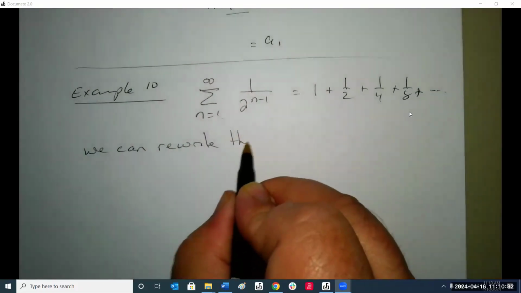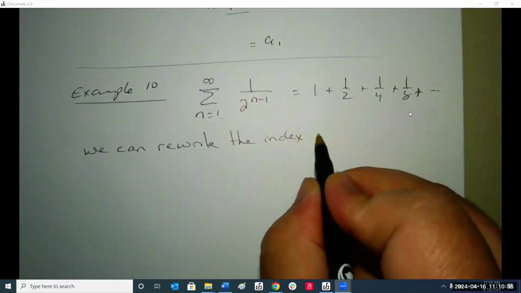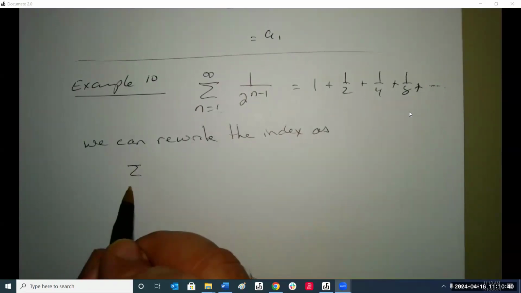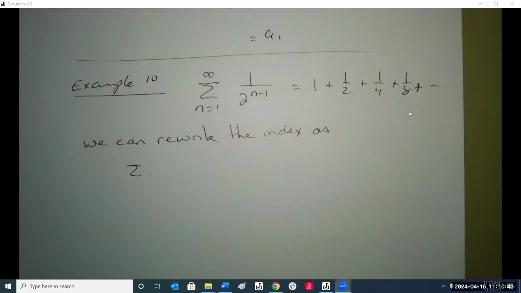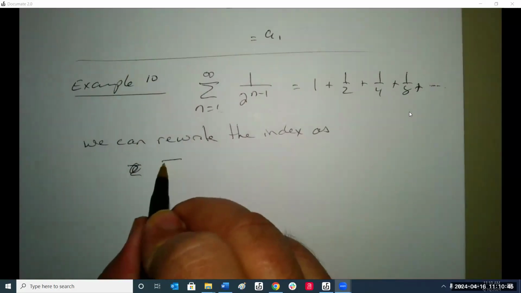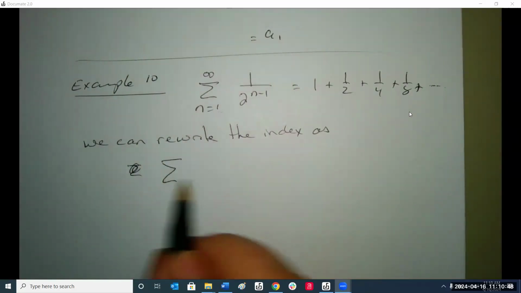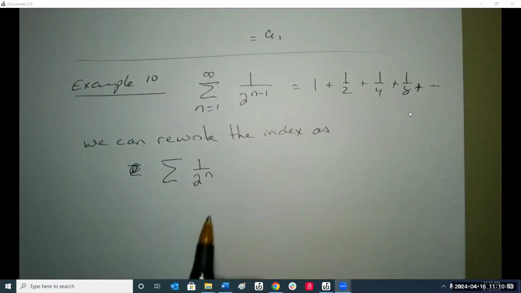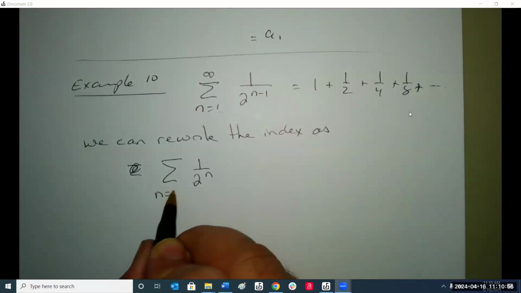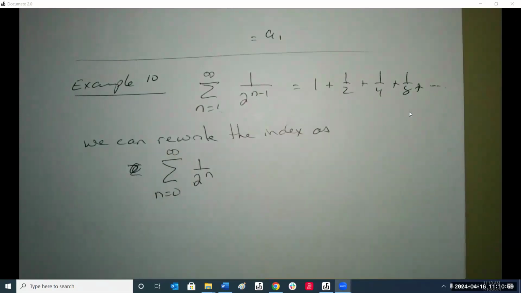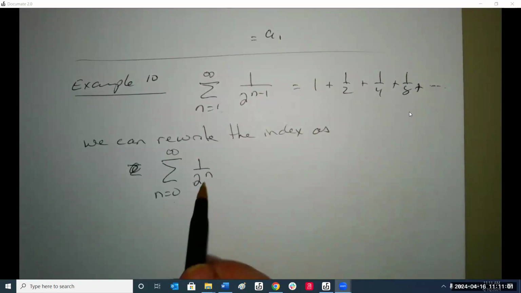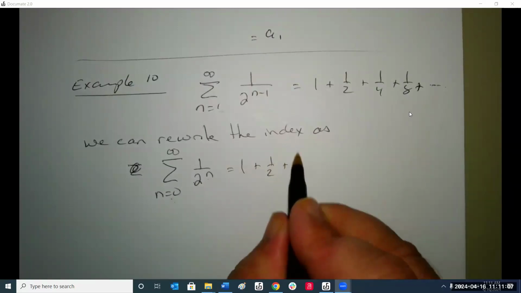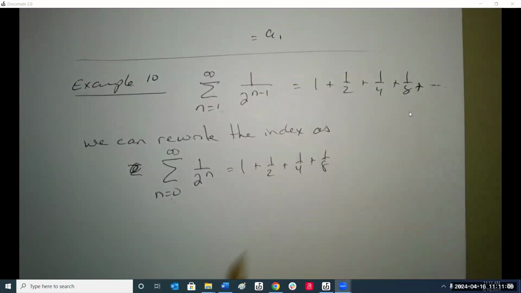We can rewrite the index as the summation of another summation of 1 over 2 to the power n, starting at n equals 0, because when n is 0, 2 to the 0 is still 1. 2 to the first, 2 to the second, 2 to the third.